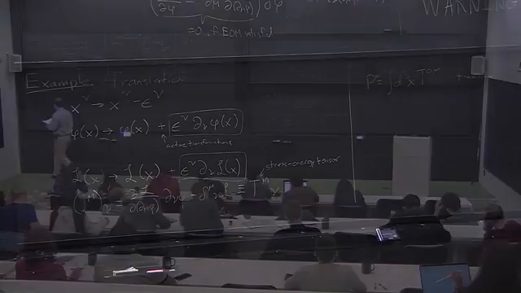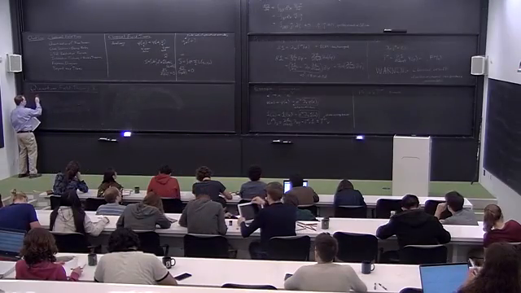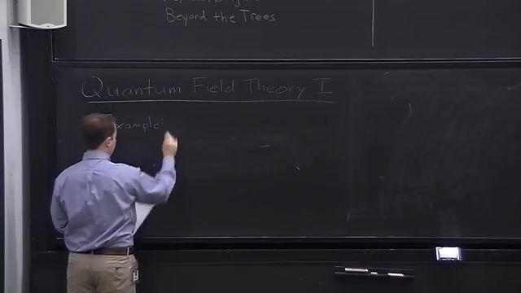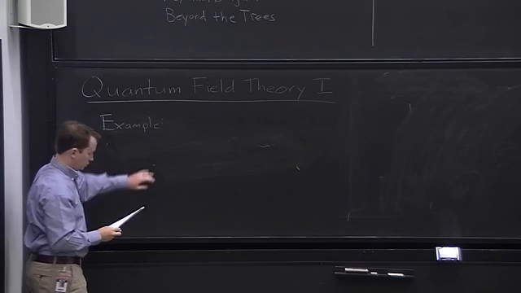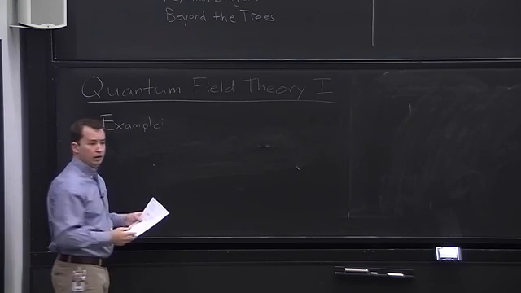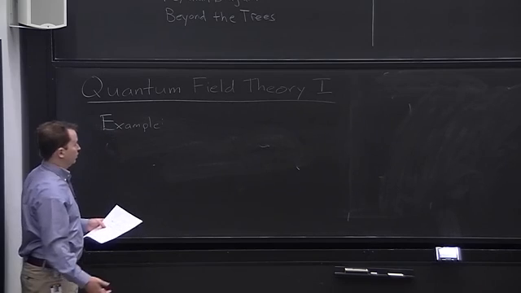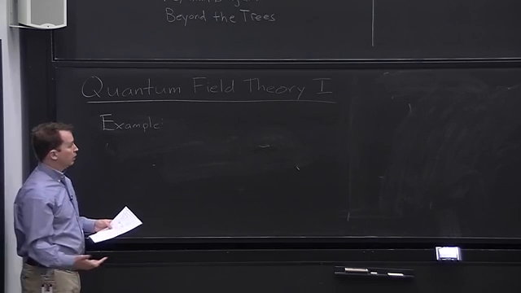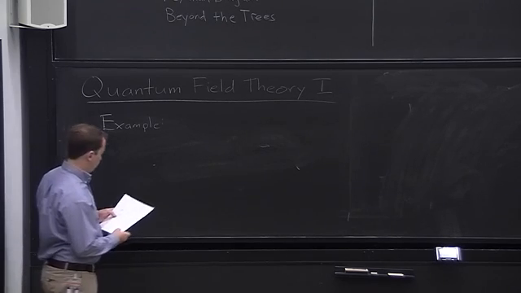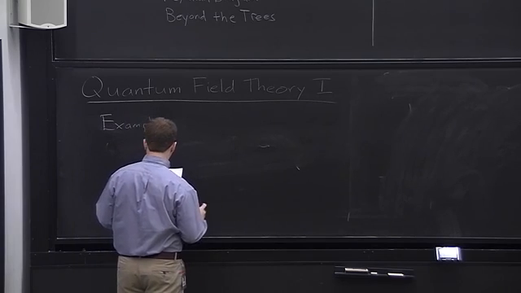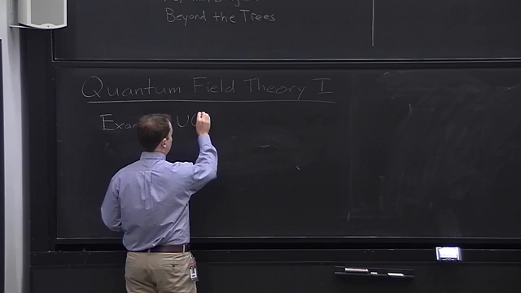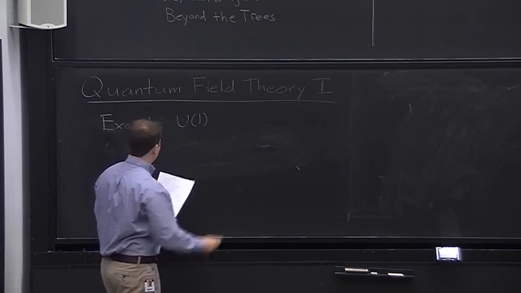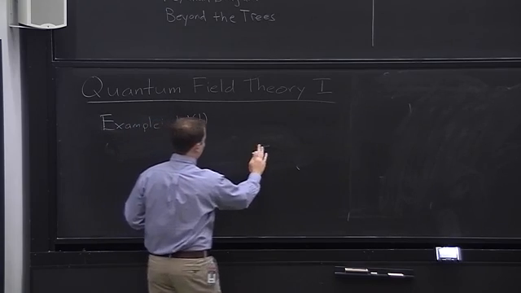Okay. Let's look at a second example. And this example is going to be one we'll return to. It's another example of a free scalar quantum field theory. And this example has, as I just referred to in response to Aurora's question, a U1 symmetry.